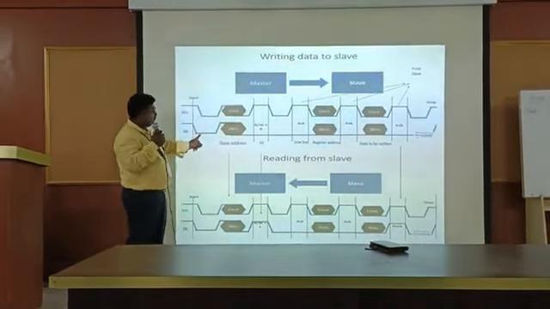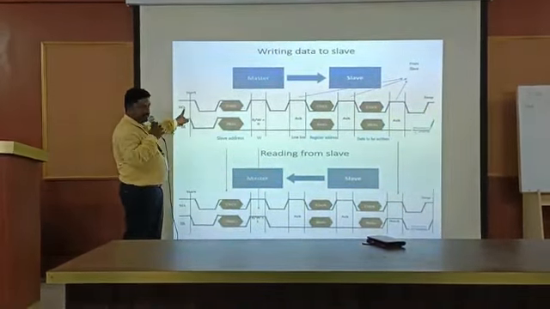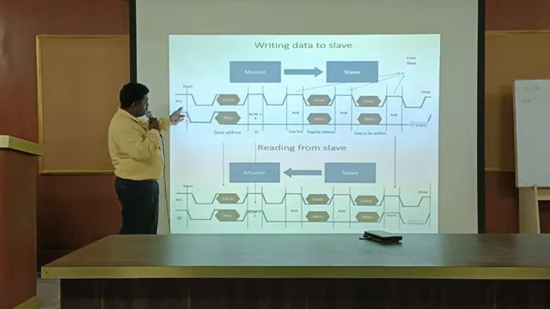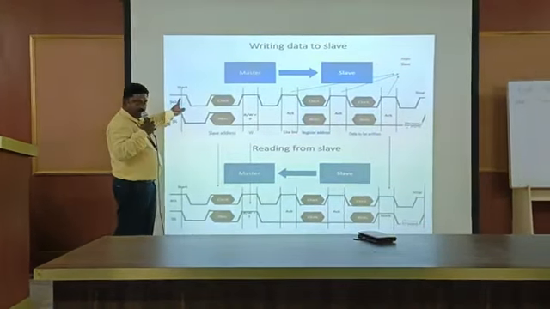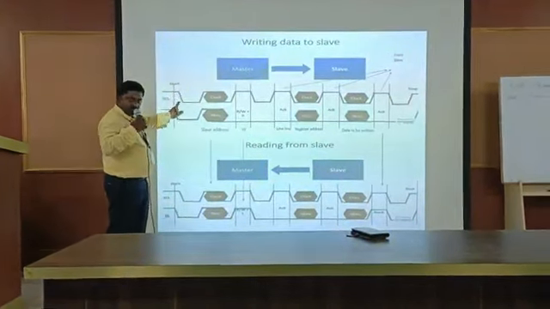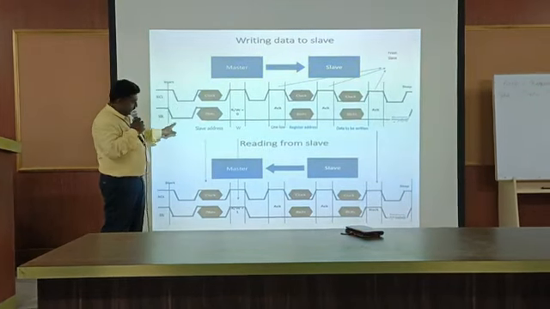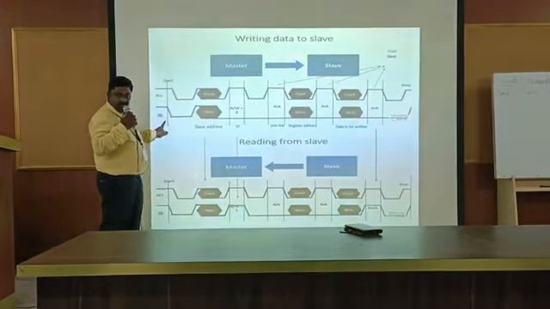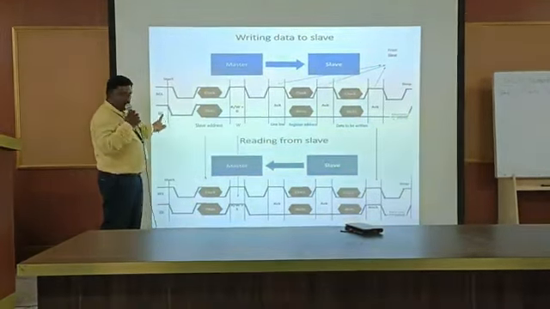SDA will maintain the high value for some period, and then go to the low value. SDA means serial data line. So once the data is started, it will go from the high value to the low value.